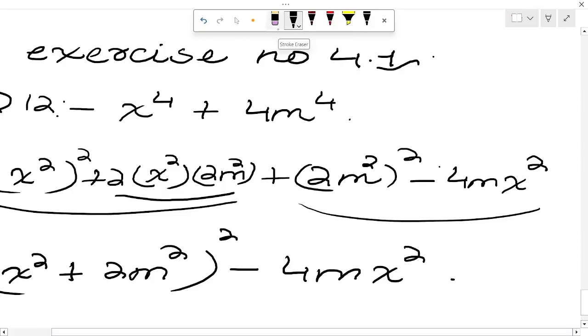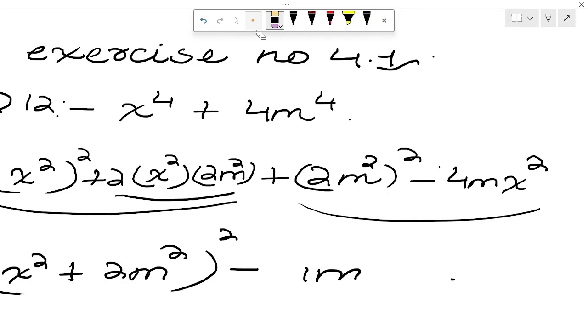Okay, so firstly I have 2m square whole square, and this is being subtracted from here.